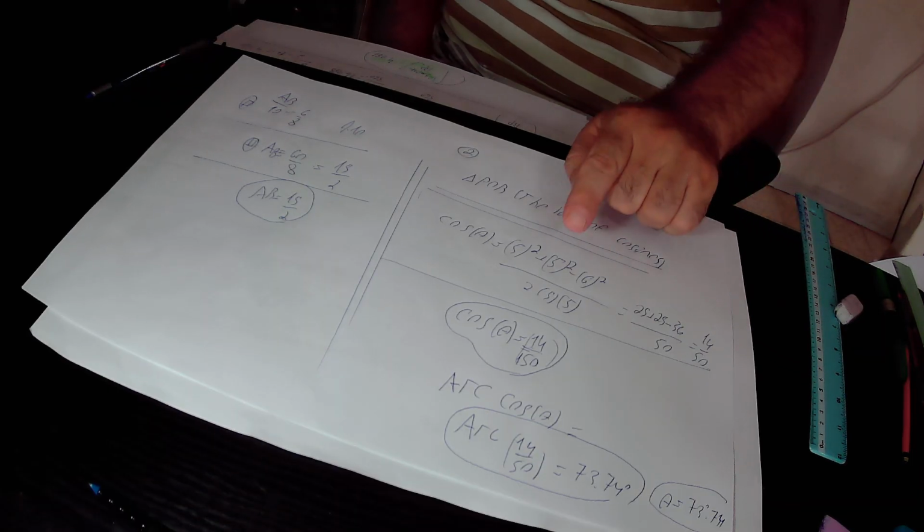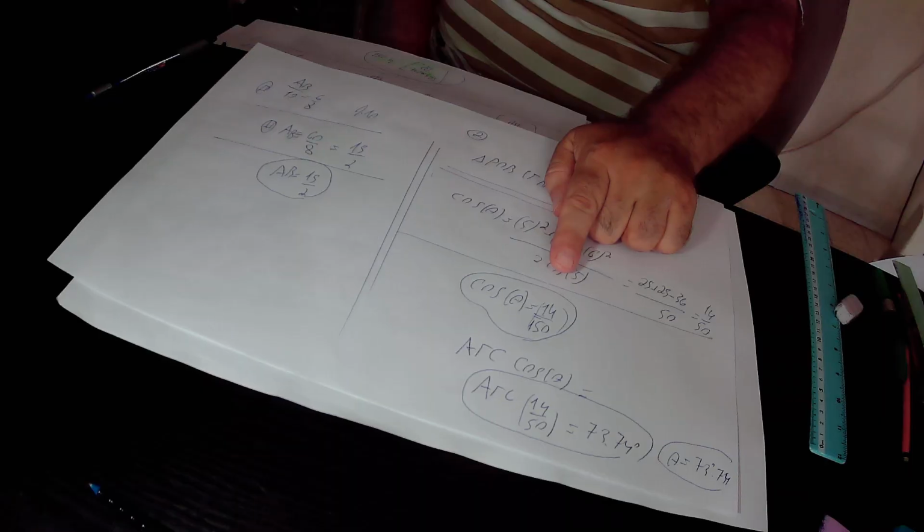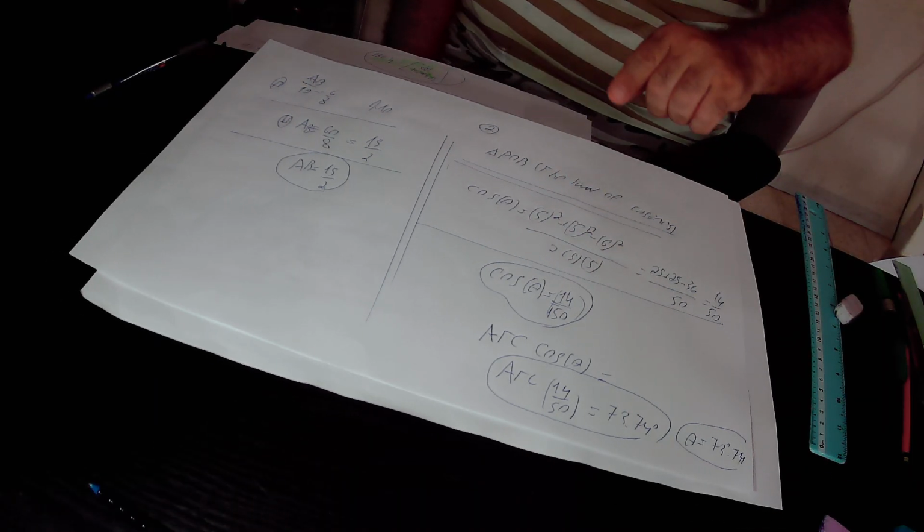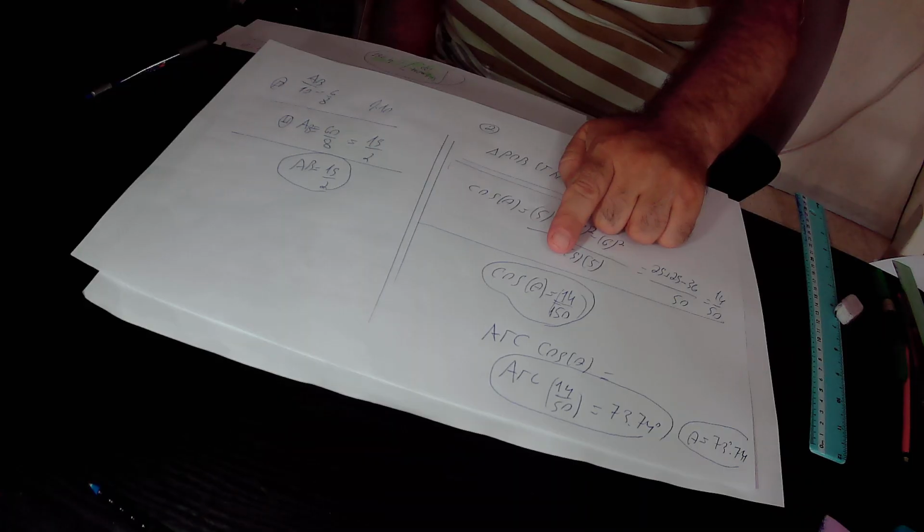So in total we found that cosine theta equals 14 over 50. Our mission is to find the value of theta itself.